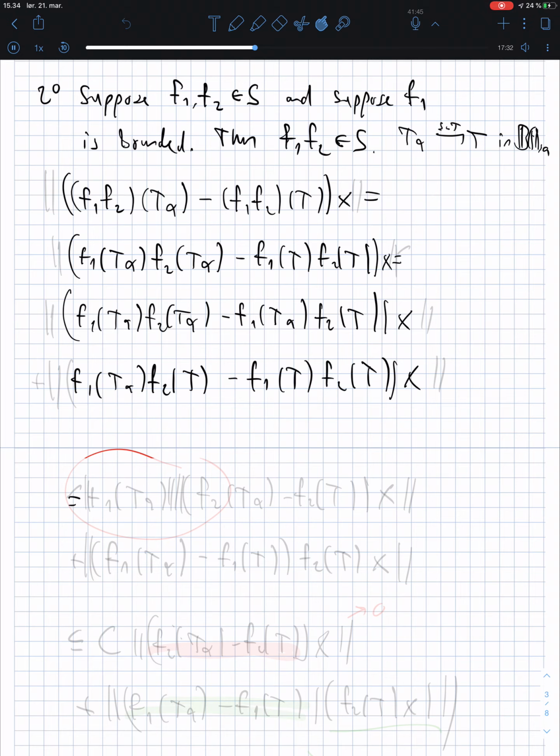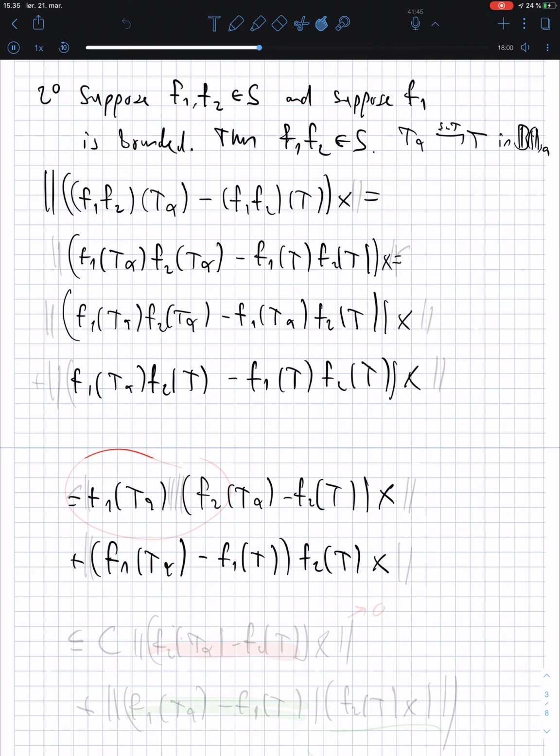And now we can rewrite this as f1 t alpha, f2 t alpha minus f2 t applied to x, plus f1 t alpha minus f1 t applied to f2 t of x.